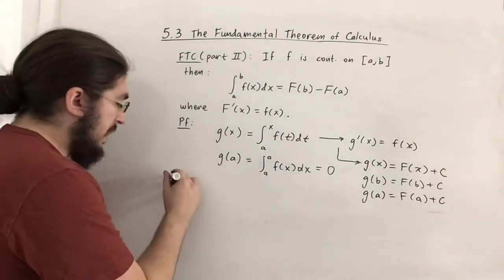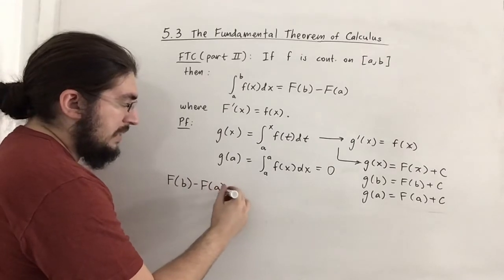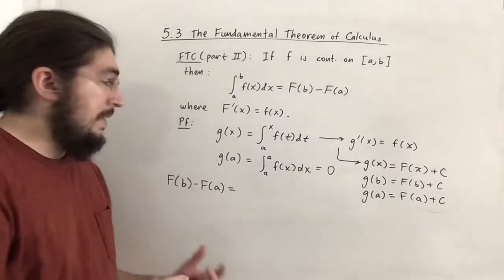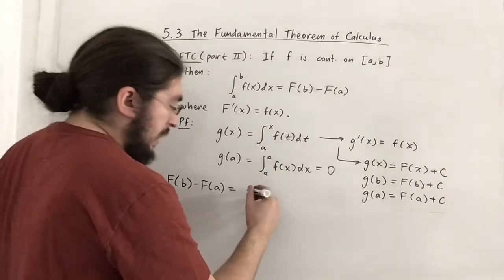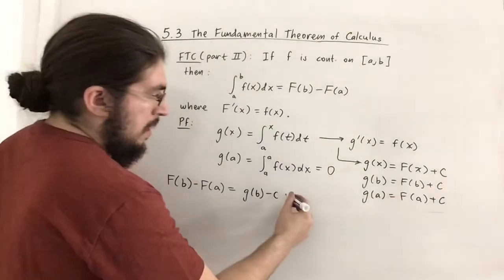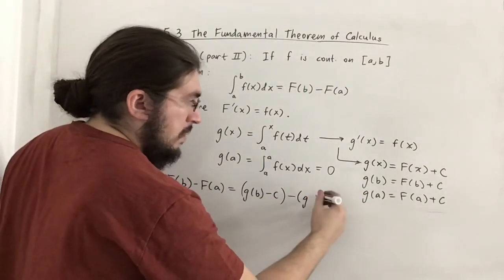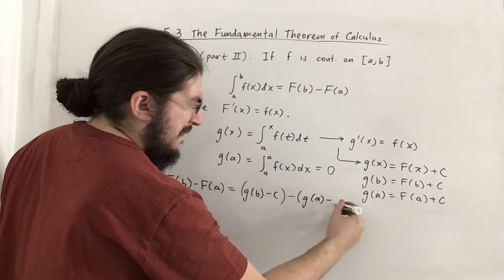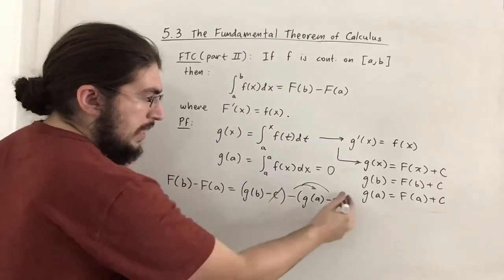And if we find out what capital F of b minus capital F of a is, here's what's going to happen. We're going to get g of b minus c minus g of a minus c. Notice that after distributing, we get a positive c and the c's cancel out.